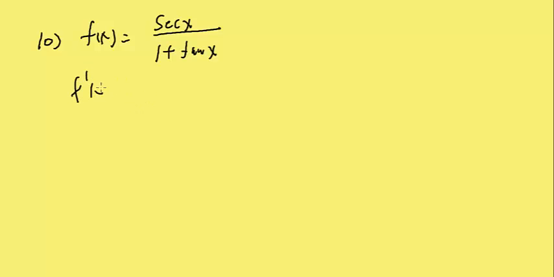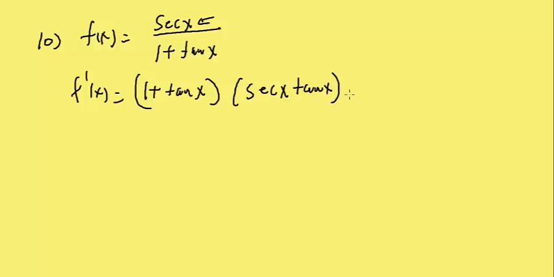So f prime of x is denominator times the derivative of the numerator. The derivative of secant of x is really secant x tan x. Okay, and then minus, not plus, minus, the numerator, which is secant of x, times derivative of the denominator. Derivative of 1 is 0. The derivative of tangent is secant squared.